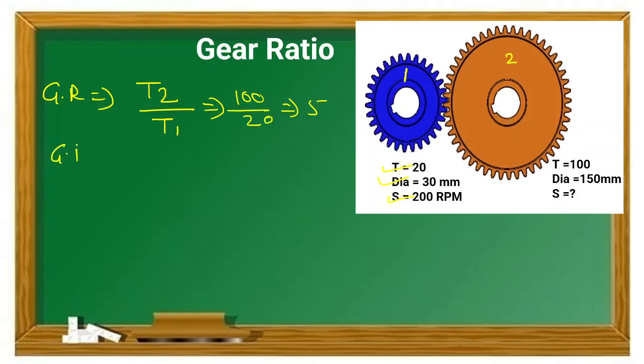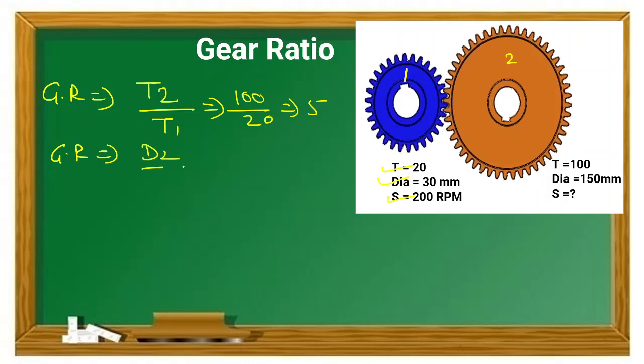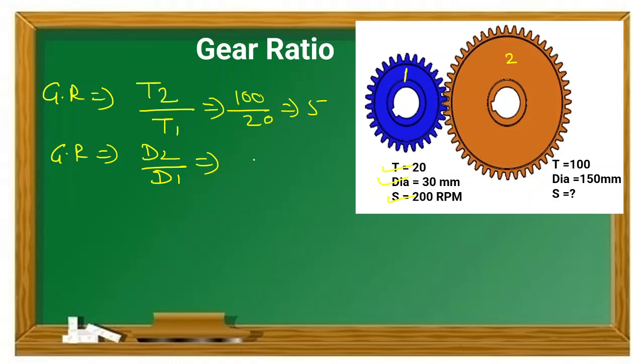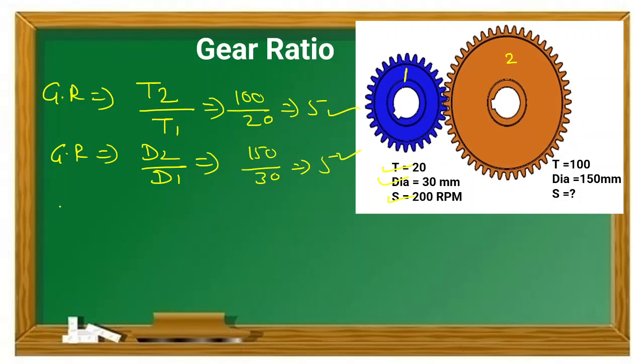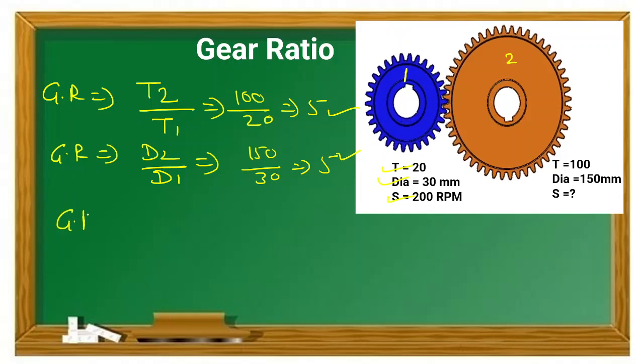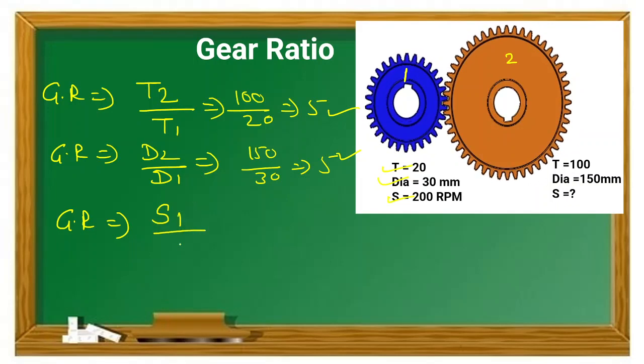For the gear ratio in terms of the diameter, that is the output gear diameter D2 divided by D1. D2 is 150 and D1 is 30, and this is 5. So you can see the gear ratio is the same. Now we can calculate the RPM. For the RPM we have the formula S1, the speed of gear one, because we have taken the input first, then the output, that is S2.